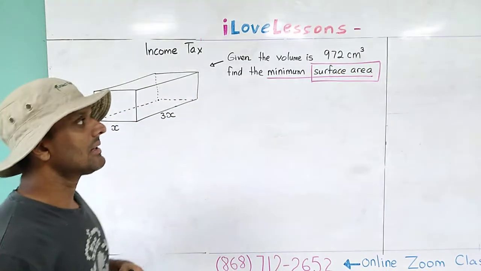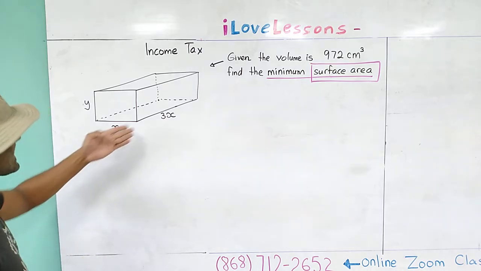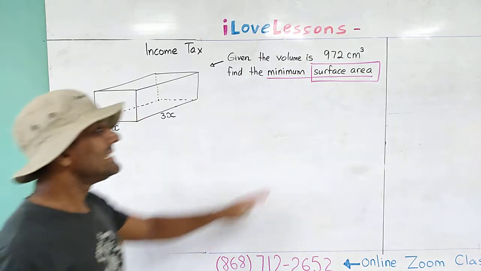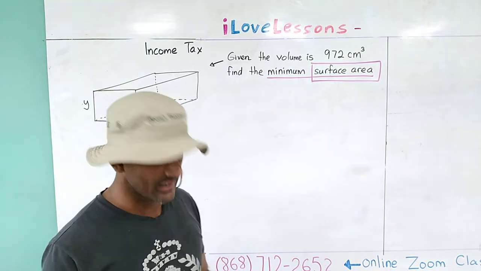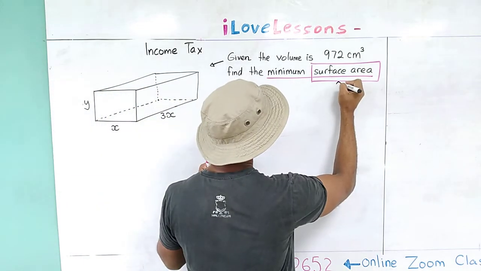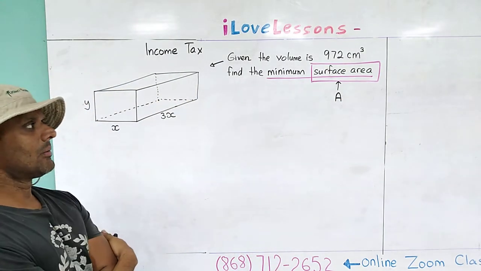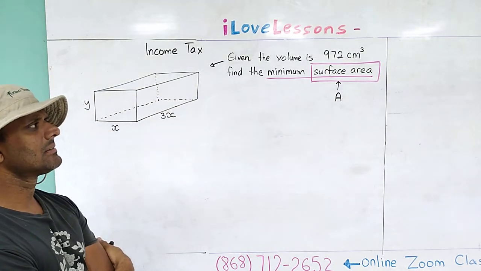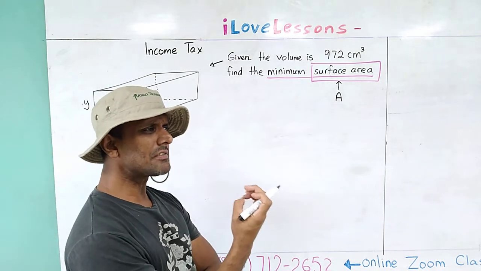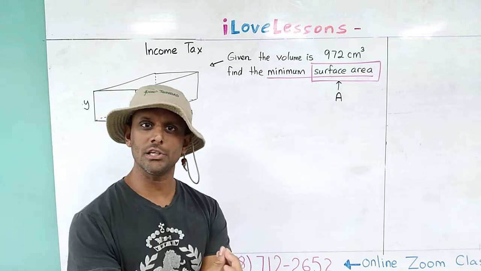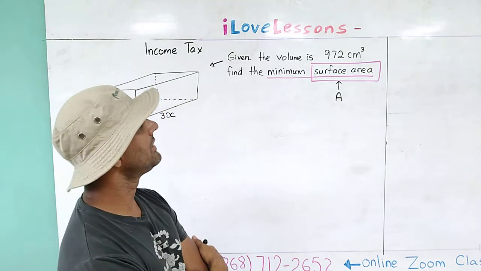First of all, usually when you're doing a question there will be x and y, but I need to choose a letter to represent my surface area. So I'm going to choose the letter A for surface area. We're interested in finding the surface area, which means I have to create an equation to represent it.